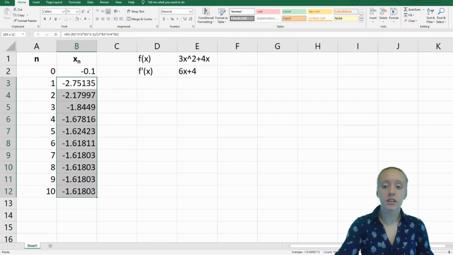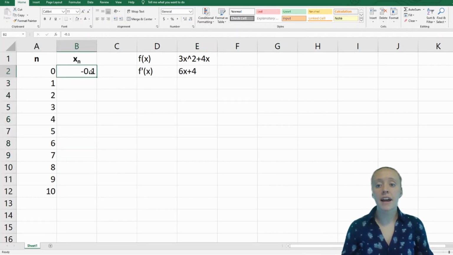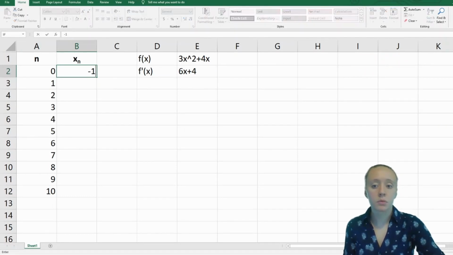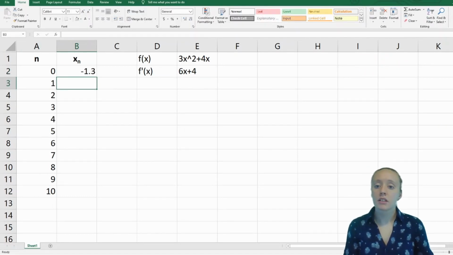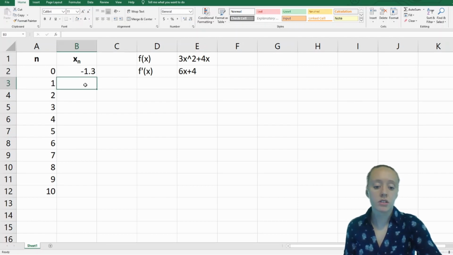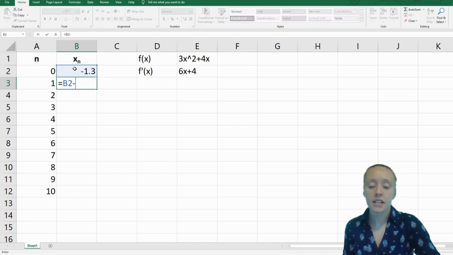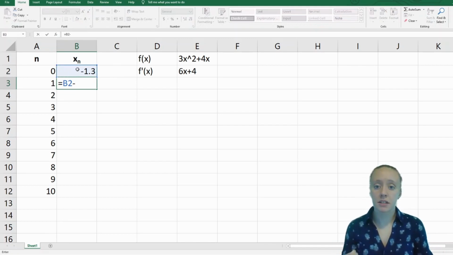So I'm going to delete all these cells here, and I know that my x sub n value that I'll start using is that first one, negative 1.3. So negative 1.3, using that, I'm going to write my formula. So this is going to equal x sub n, the previous cell, minus f of x sub n.